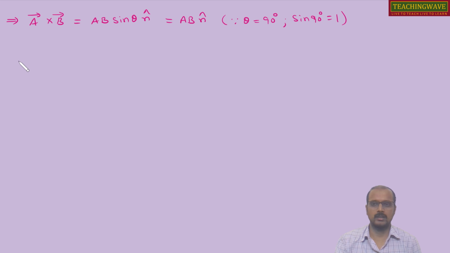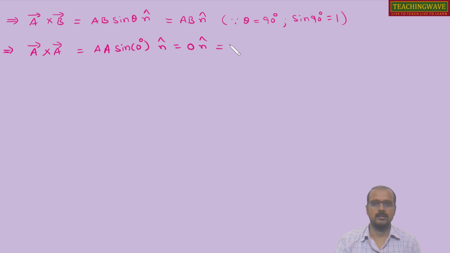Now come to another one, the cross product between the same vector or parallel vectors. That means A bar cross A bar. This can be written as AA sine theta, that means 0 degrees only, into n cap, that is equivalent to 0 n cap.